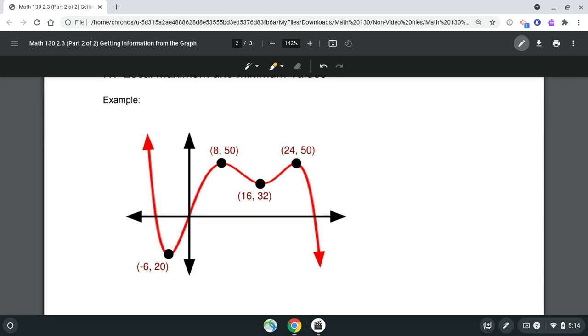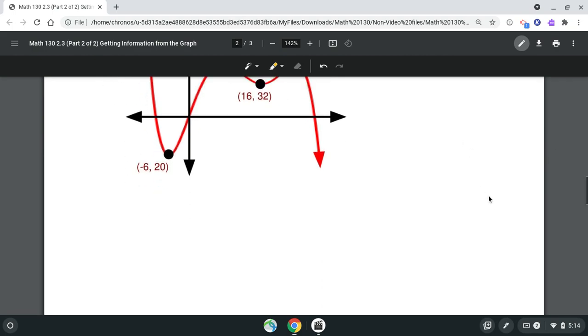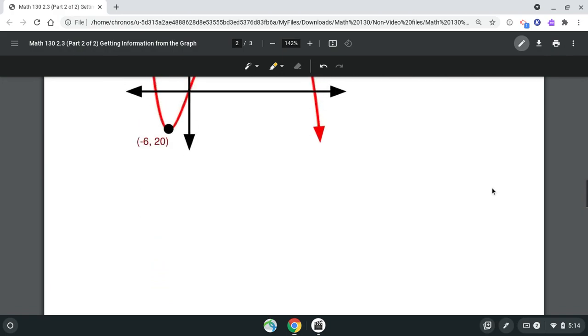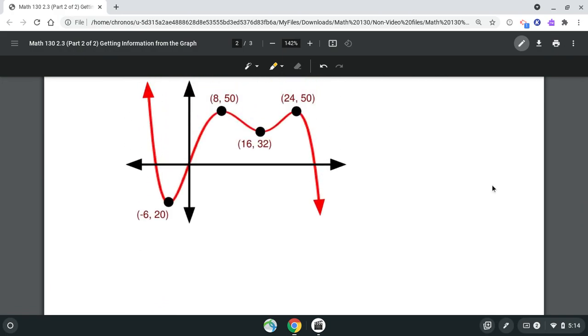Okay, so let me see if I have room. Yes. Okay, so local maxima and minima.